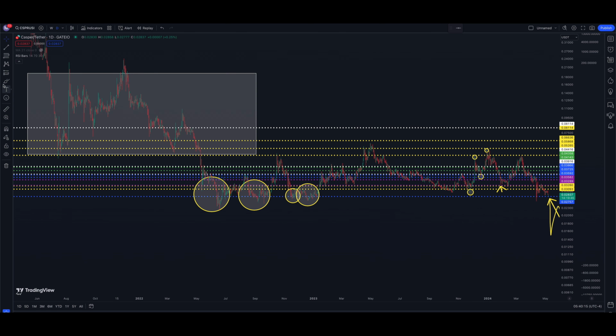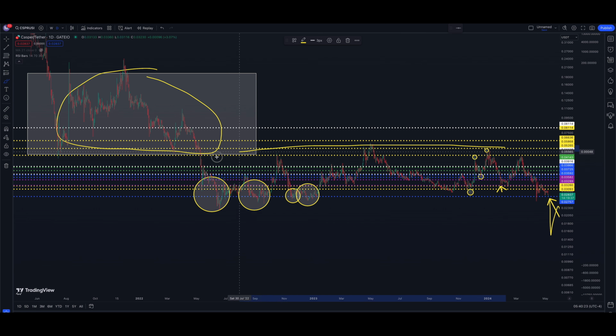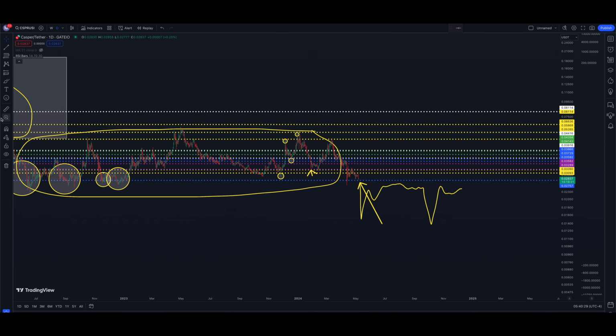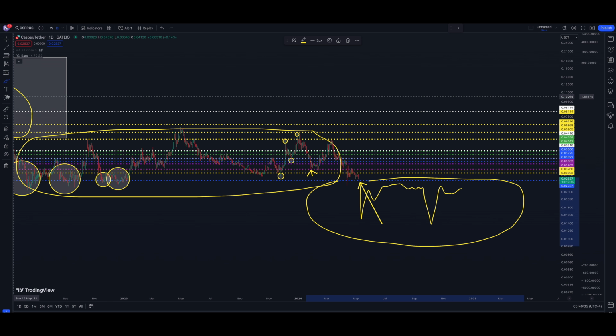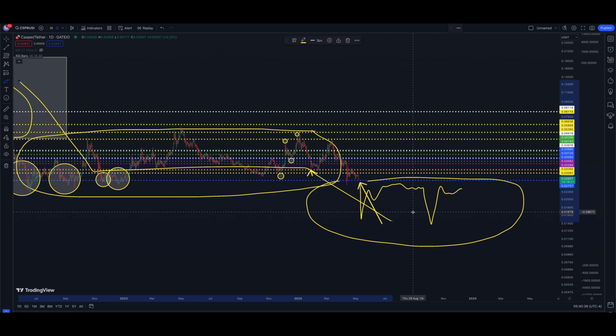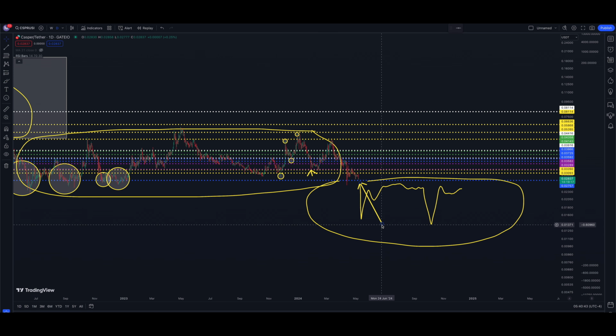So, of course, here is a trading zone. You notice that the lower end of that trading zone becomes the upper end of this trading zone. And what I think could happen if it doesn't hold is the lower end of that trading zone becomes the upper end of a new trading zone. Basically, a big stair-stepping down. So we'll see. It's important to keep an eye on that area.